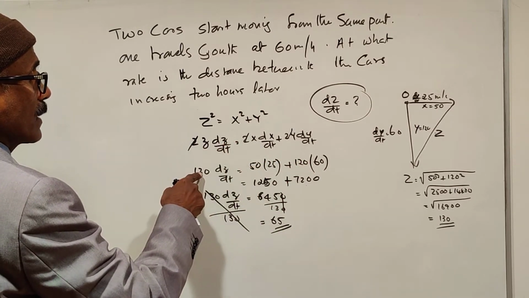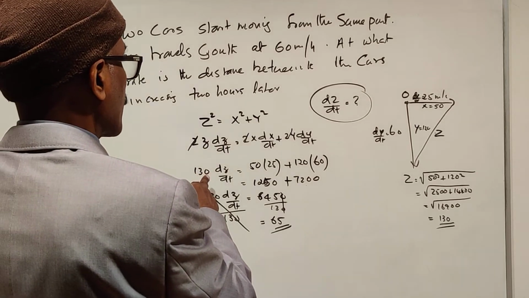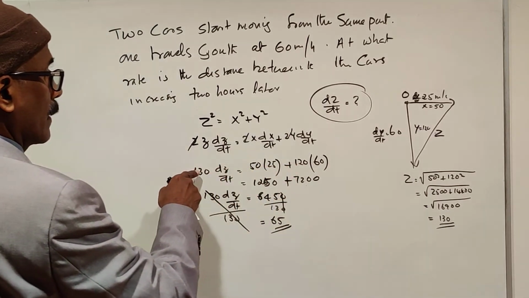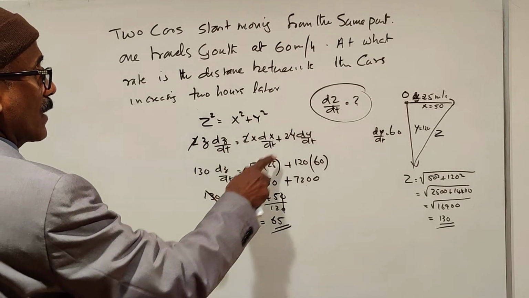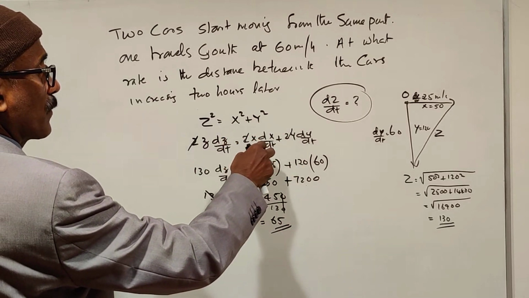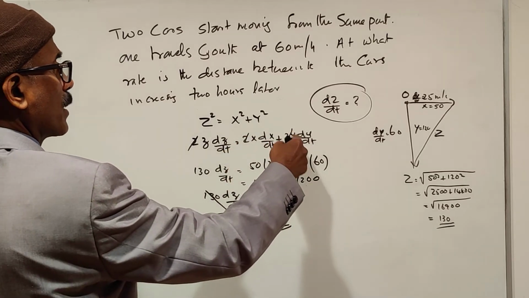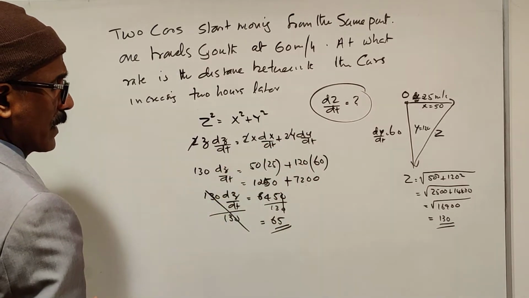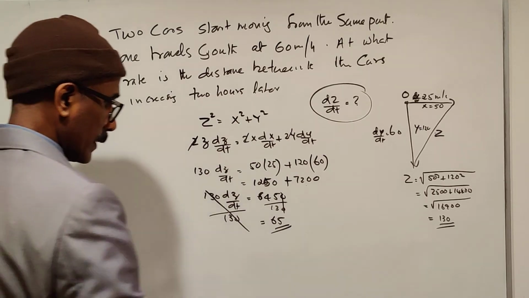So when z is 130, x is 50 and y is 120, then the speed of the first car in the x direction is 25. The speed of the second car in the y direction is 60. So just substitute everything, you get the answer. Okay, the last one.